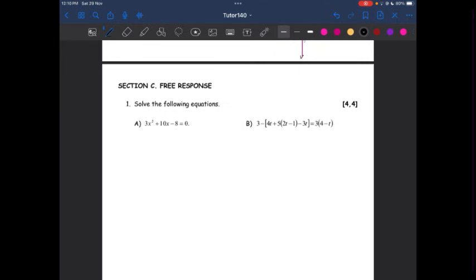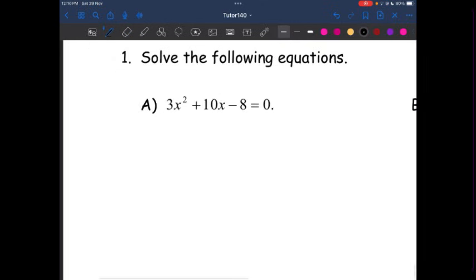Solve the following equations. Remember this is the quadratic form, ax squared plus bx plus c is equal to 0. So you're going to find the factors of ac that add up to b. So a is 3, and c is negative 8.